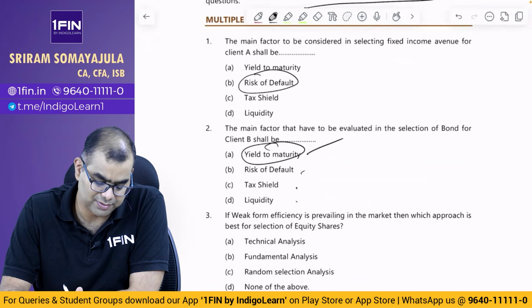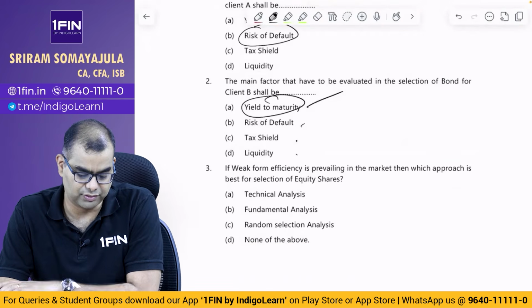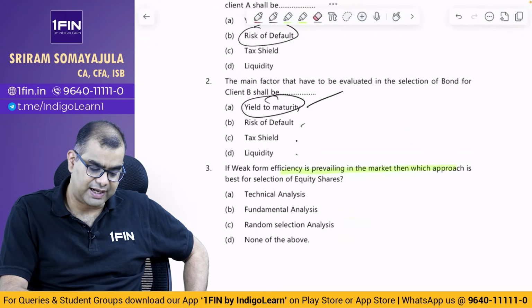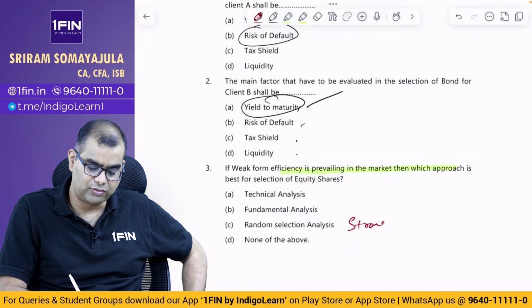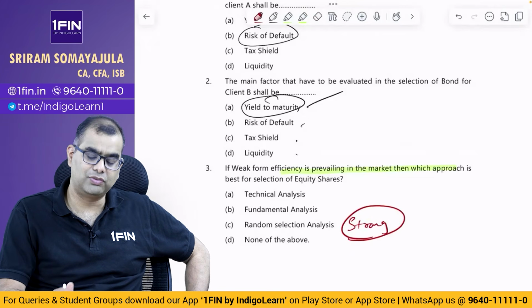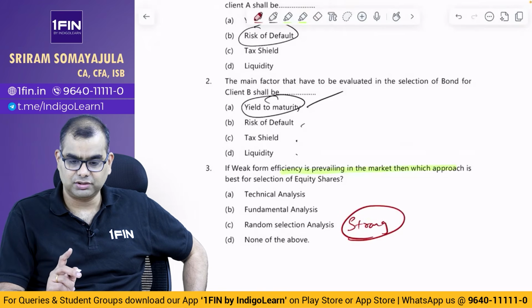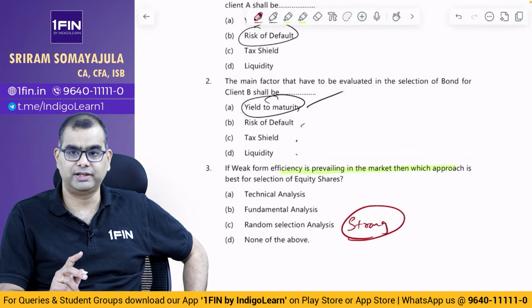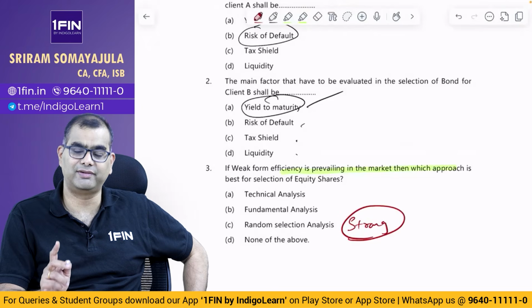If weak form of efficiency is prevailing in the market, then which approach is best? Technical, fundamental, random, none of the above. Random selection works only in strong. Now the question is what works in semi-strong and what works in weak. See, in a weak market, only past data is reflected, that is past price data and volume data. In semi-strong, all public data is reflected. In strong, even private data is reflected.